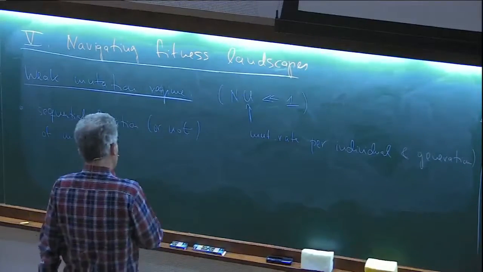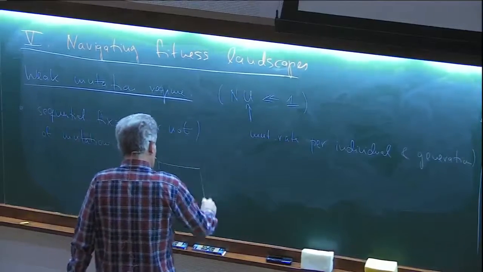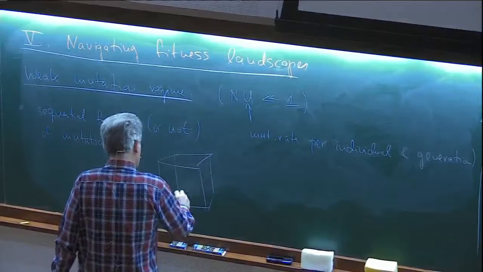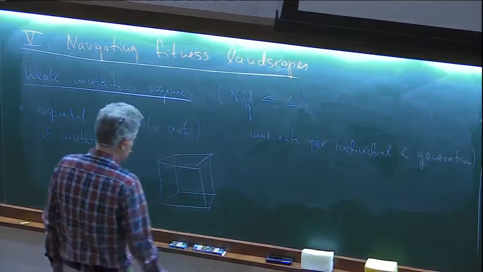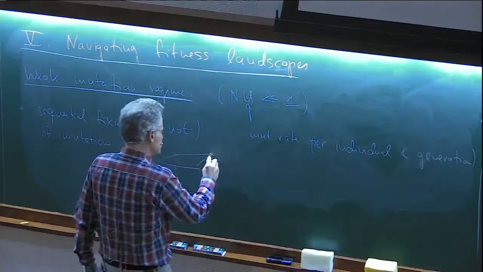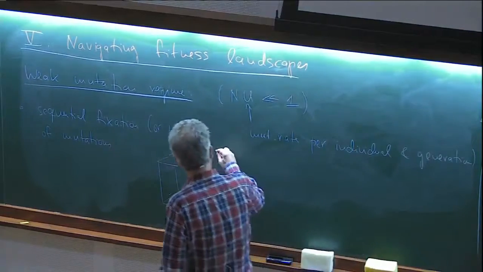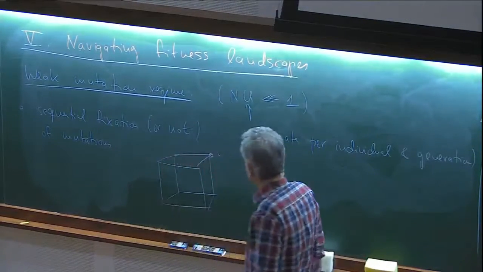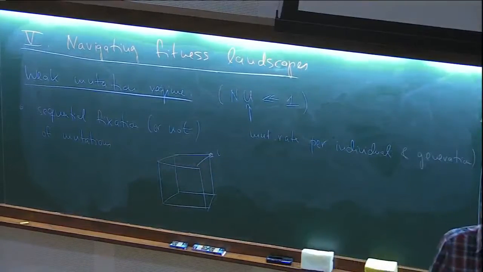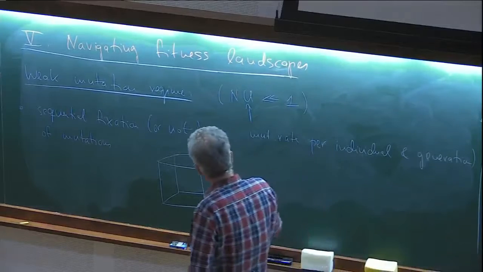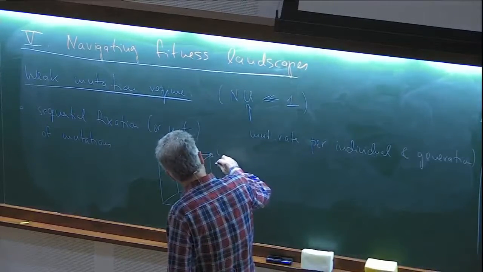If we think about this in terms of our fitness landscape picture, this is our space, and I'm now going to label these genotypes just by indices. Let's say this is a genotype I, so the population is currently sitting at this genotype I. It's creating some mutations, and perhaps one mutation fixes.